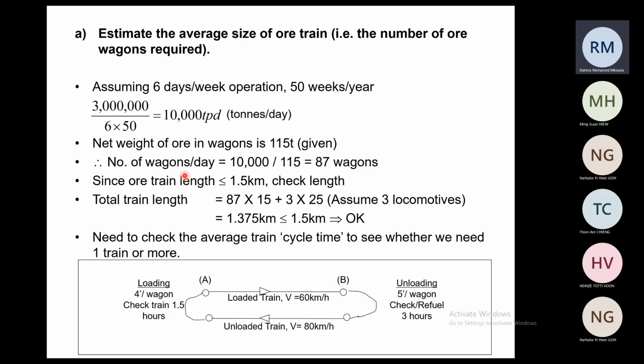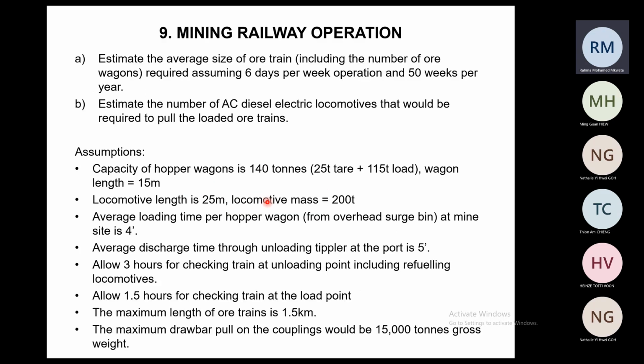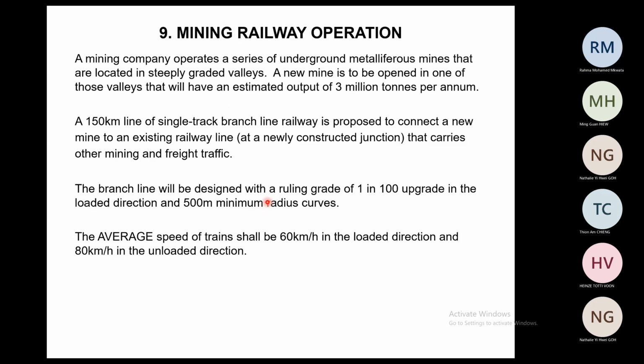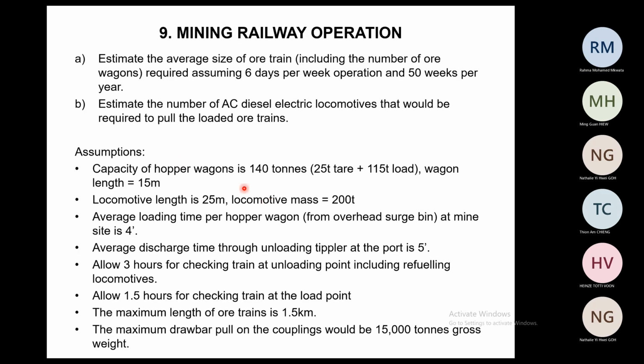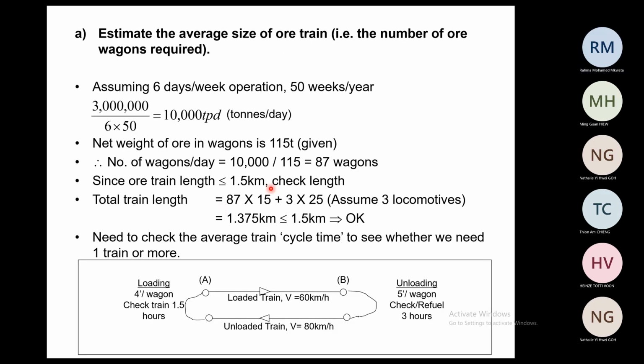But you remember we have a limit on our ore train length. It should be less than 1.5 kilometers. So we have to check this length. Total train length equals 87 times one wagon, which is 15 meters. You remember it's given in the question: ore wagon length is 15 and locomotive length is 25 meters.